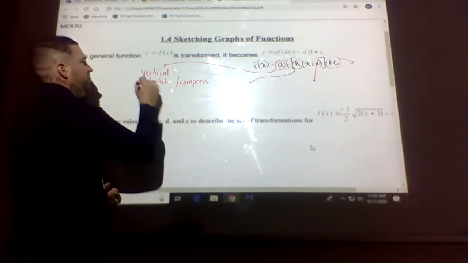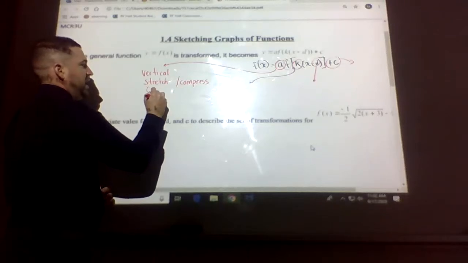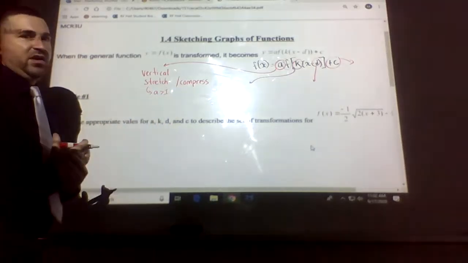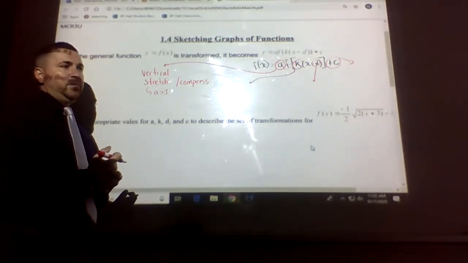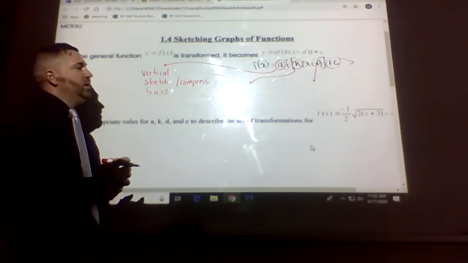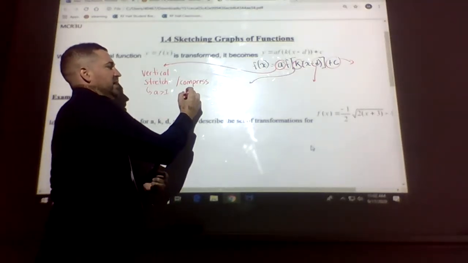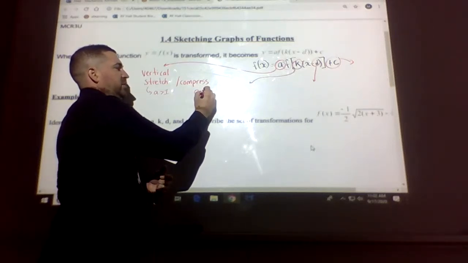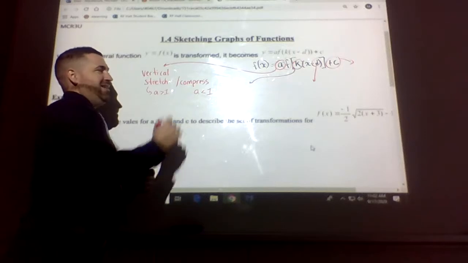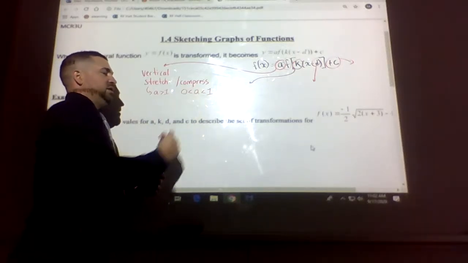It stretches if your a value is greater than 1. So if your a value is 2, 3, 4, 5, 6, 1.5, anything larger than 1 will give you a stretch. And then a compression is anything less than 1, but also greater than 0.